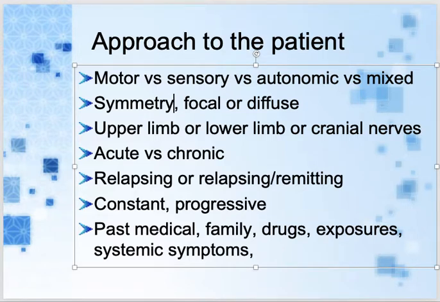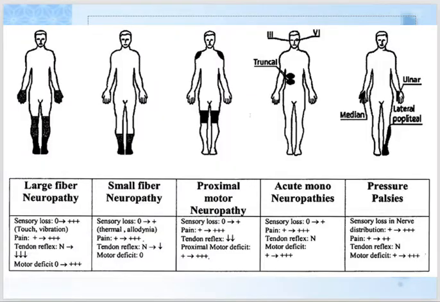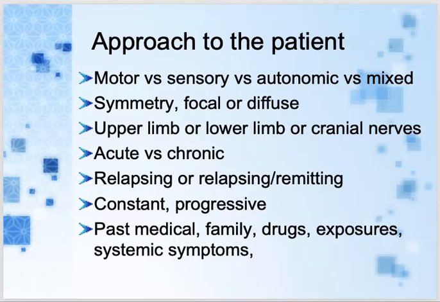So the large fiber neuropathies, which I show you over here, present with numbness, tingling, especially in the toes and in the feet, and then they start ascending in a stocking fashion, and later on they can involve the hands as well. So these are the symptoms of large fiber nerve involvement.